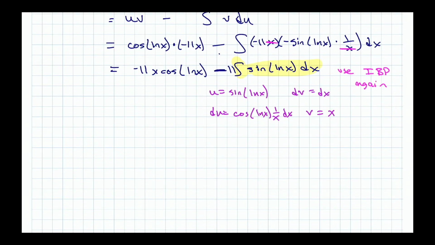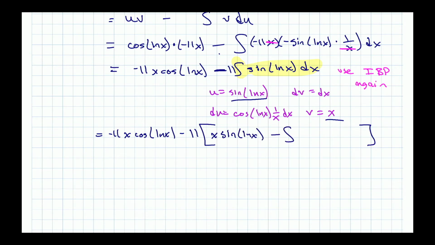And what we're going to get now, writing this all out, is negative 11x cosine ln x minus 11, and then here in brackets, we have to do our integration by parts again. So we need uv. So uv is x sine ln x minus the integral v du, which are these two on the bottom. So we're going to have cosine ln x, 1 over x times x, and then a dx.